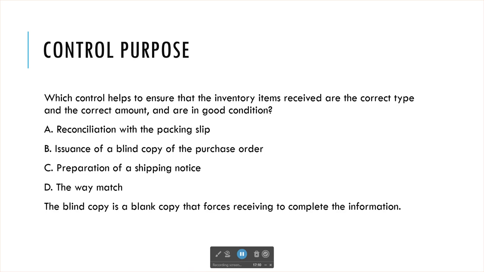And if you don't have this process done, they will shortcut it. They will just say, yeah, this is what we got in, I'm going to check it off. So this is a way to ensure that our inventory records are kept more correct.